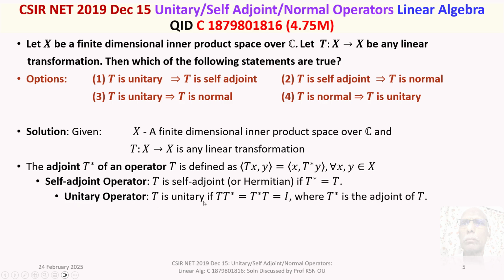T is unitary if T star T is equal to T T star is equal to identity, where T star is the adjoint of T. Normal operator. T is normal if T star T is equal to T T star. Having known all these definitions, let's get into the question.